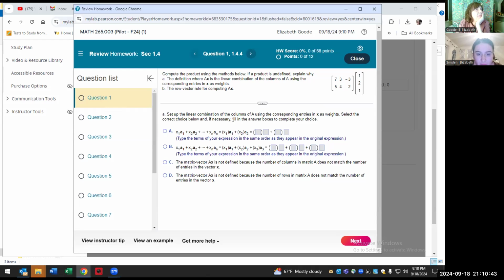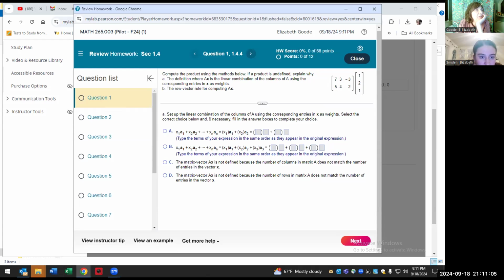Like here it says set up the linear combination of the columns of A using the corresponding entries in x as the weights. So A is the matrix, and x is the vector here. So it tells you what to do.